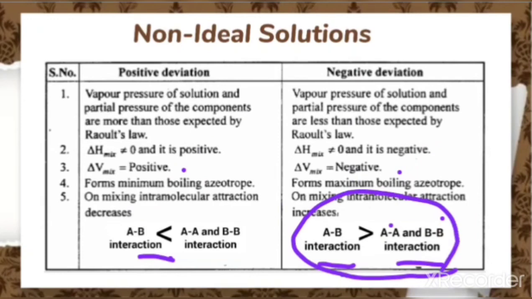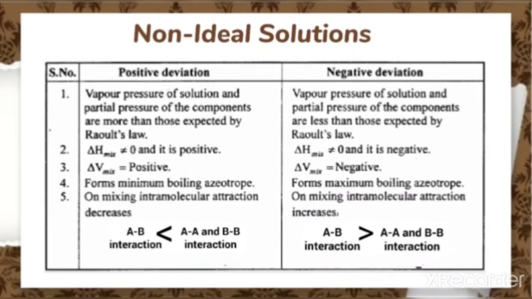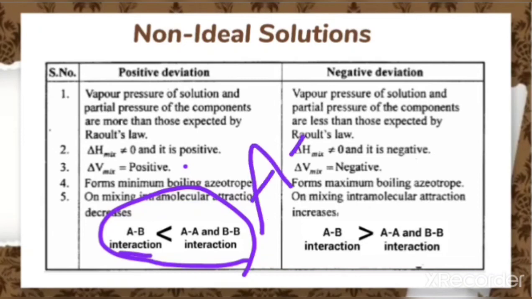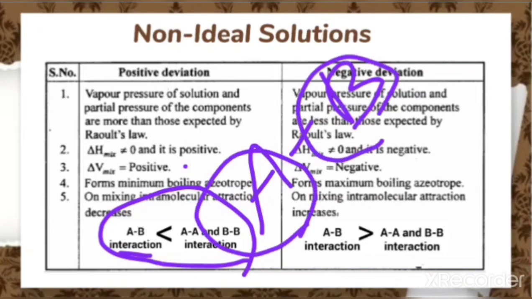So why is delta V mixing positive? The question is asked, why delta V mixing is positive? Because here the AB interaction is lesser. AB interaction is lesser means the molecules will be a little bit far. That means the interaction between A and B is weaker, so the molecules will be a little bit far, and the volume will increase.